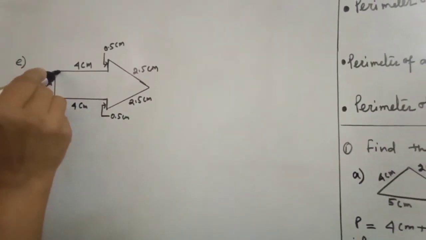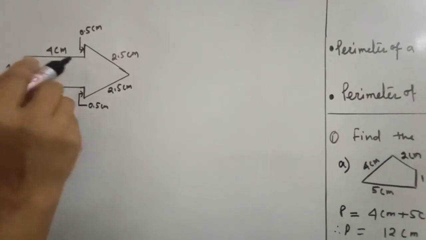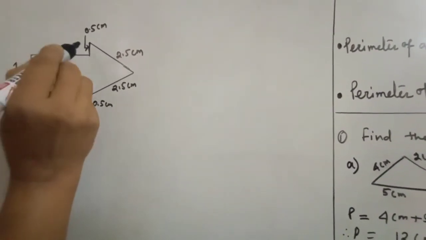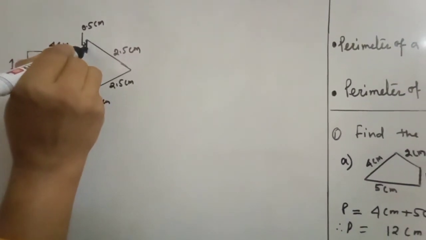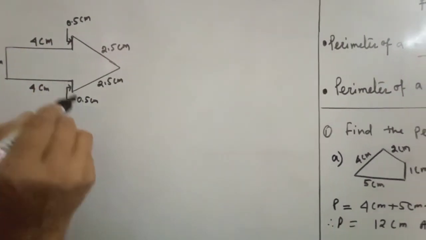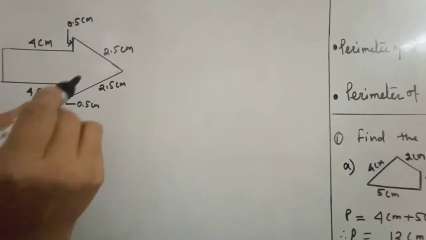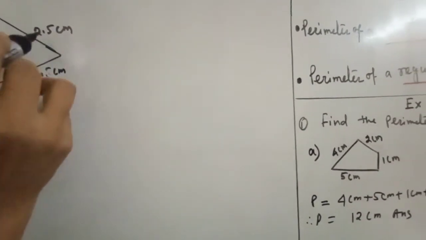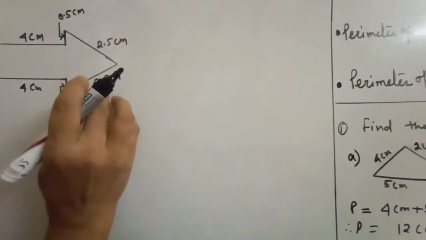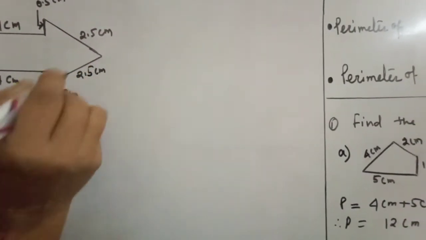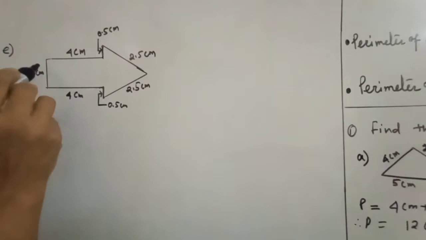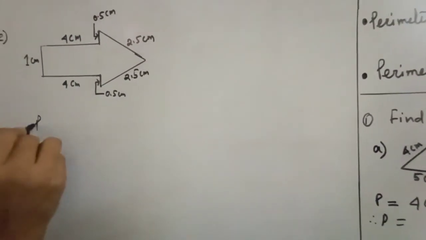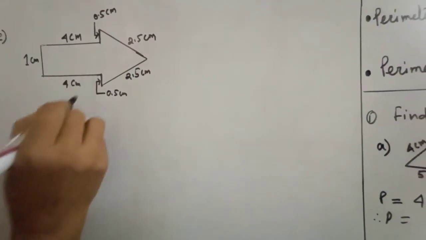Now it is an arrow. You can see the length of each side. It is 1 centimeter, it is 4 centimeter. The length of this side and this side is 0.5 centimeter, and the two sides of the triangular part are 2.5 centimeter. To find the perimeter of this shape, you have to add all the lengths.